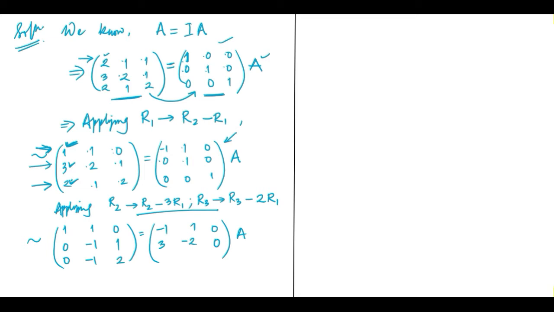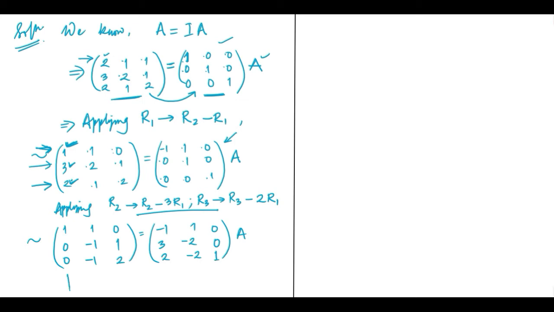Next, R3 minus 2 R1. R3 0 minus 2 R1 minus 2 plus 2. And then R3 0 minus 2 times R1, so 0 minus 2 is minus 2. And then R3 1 minus 2 times R1, minus 2 times 0 is 0. So 1 minus 0 is 1.